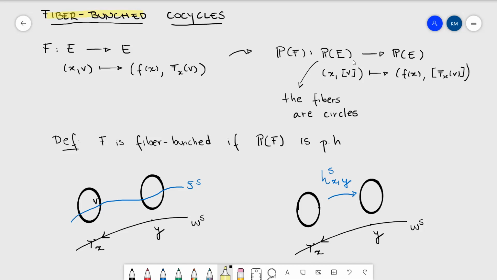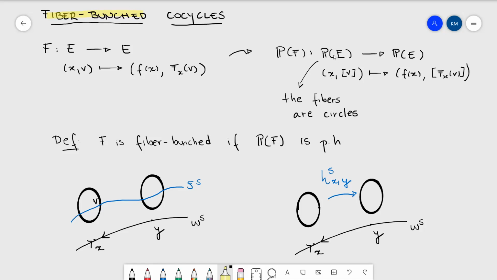So I'm going to obtain now a fiber bundle that has circles in the fibers. And the map is just defined by taking the corresponding class. For every point in B, I'm going to take the base map F in the first coordinate, and I'm going to take the class of the linear isomorphism that I have defined here.